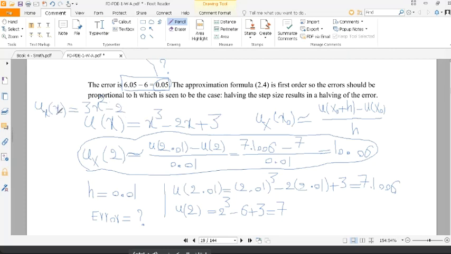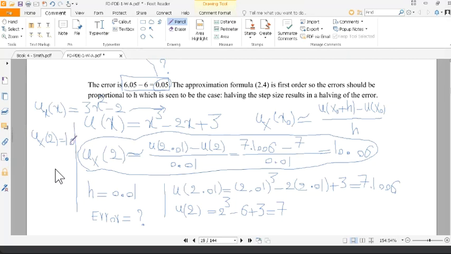The exact solution of the derivative of u at 2: we put x equal to 2 and the result is 10.